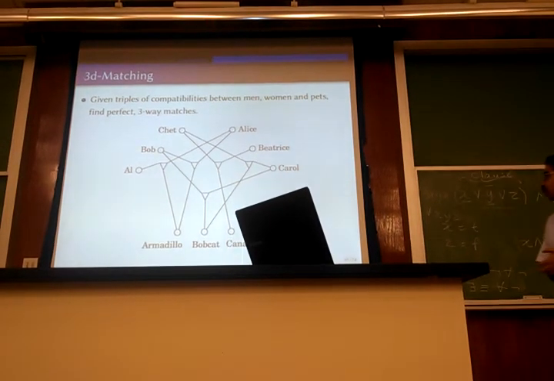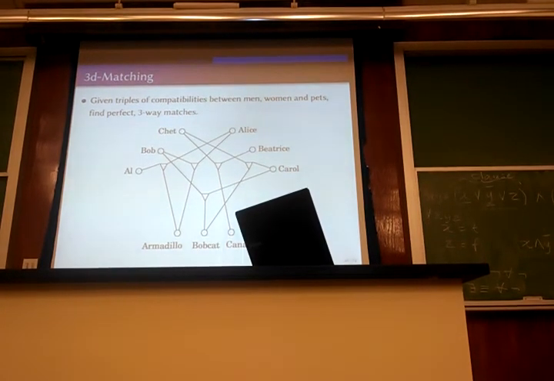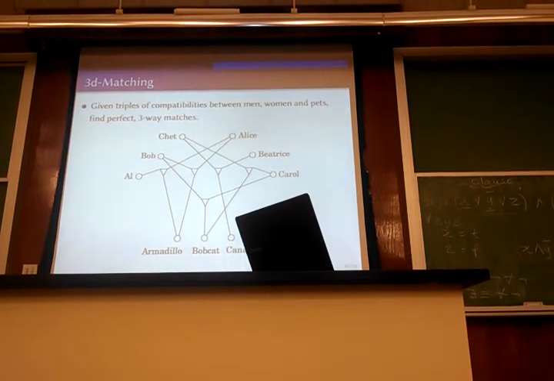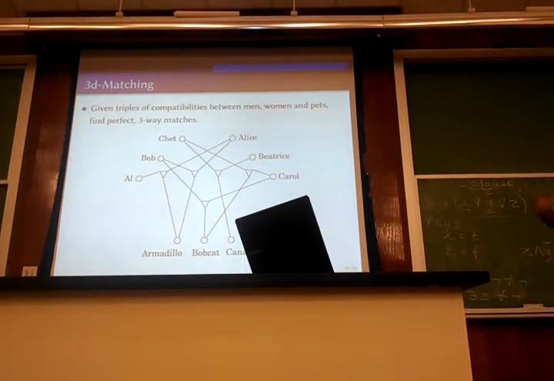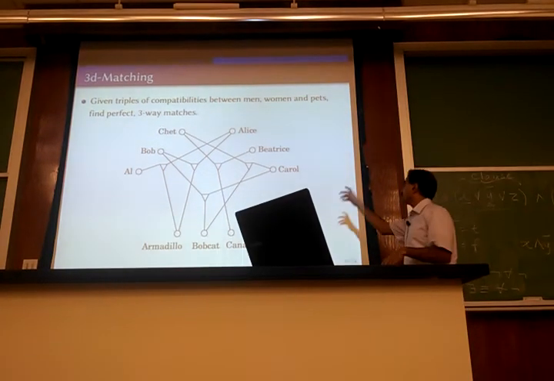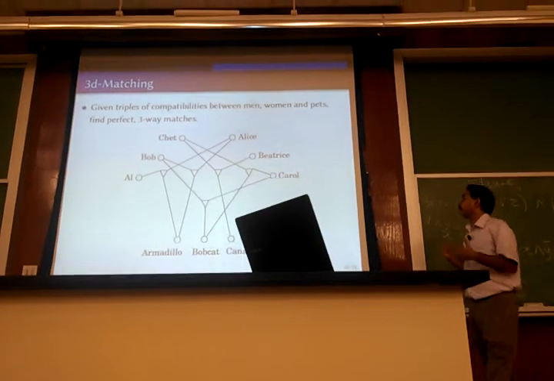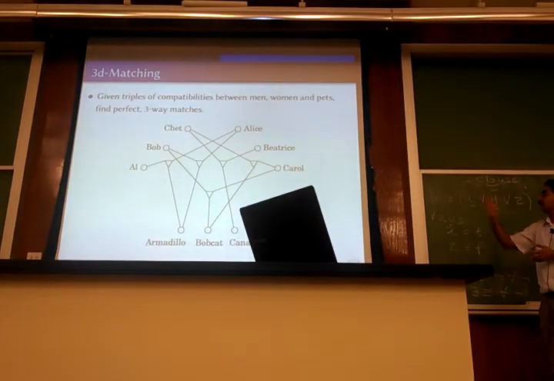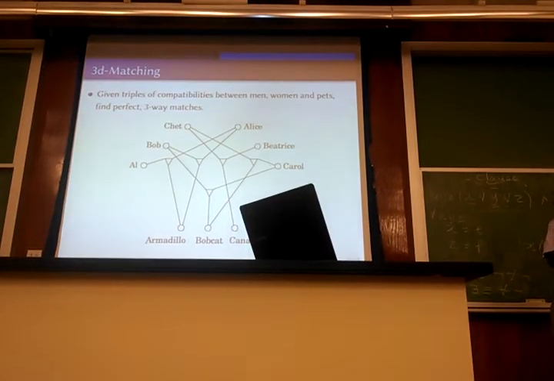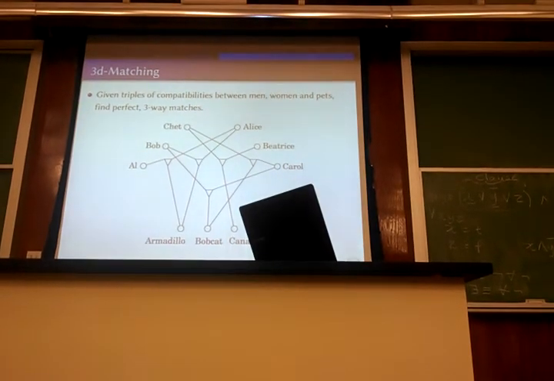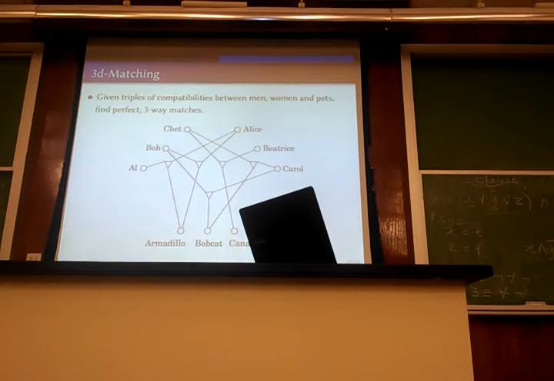Right? 3D matching. We have talked about bipartite matching and perfect matching, and again the example we used is often a pairing of men and women, right? And here in 3D matching, we can look at pairing of a man, woman, and a pet. Okay, and then there is a compatibility notion.